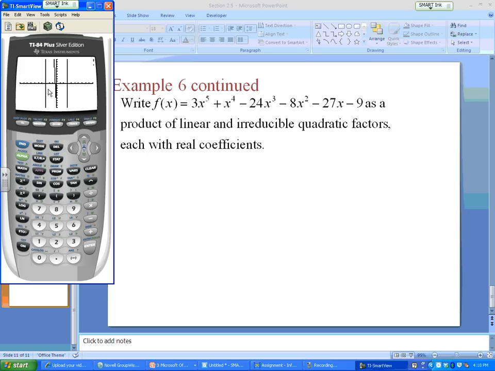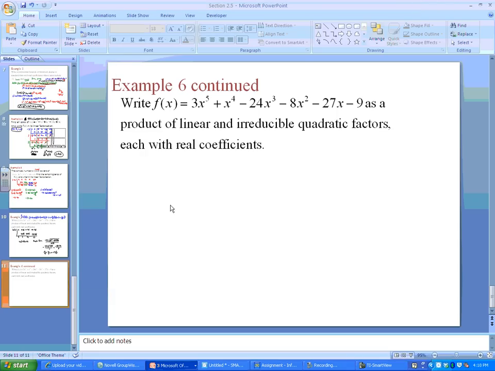It looks like from our graph we have a zero at -3 and a zero at +3, and then at some fraction that I don't know. So we know that we can try -3 and +3.